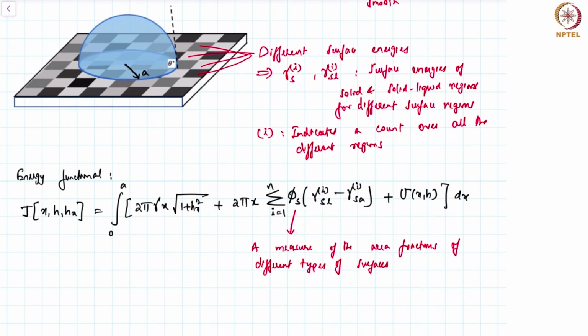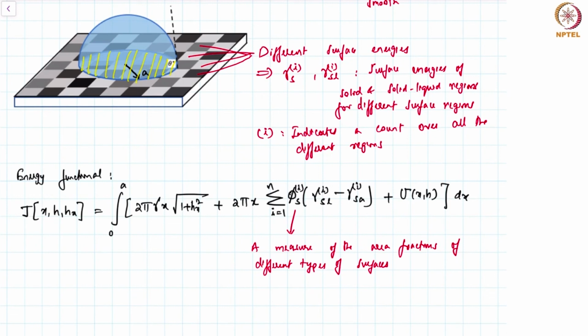By the way, this has to have a superscript as well, so we'll call this a superscript of I. If I look at the entire surface area at the bottom, this surface is divided into n checkerboard patterns, of which I have different contributions of type 1, so I becomes 1. Then I have type 2 of the surface, I is 2, and so on, all the way up to n types of such surfaces. Each of these has its area fraction.